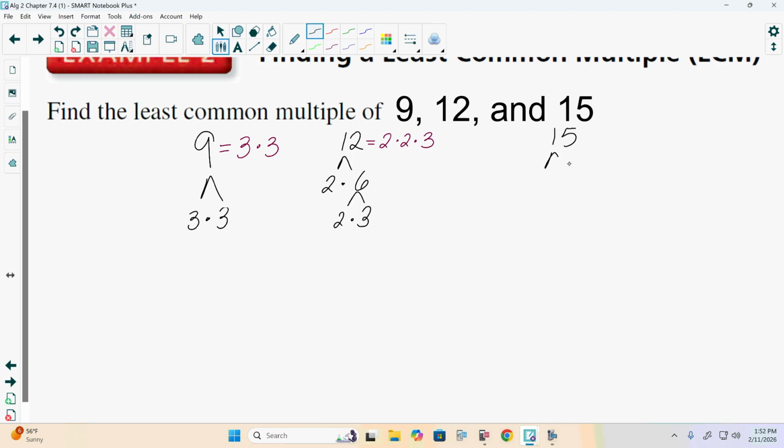And lastly, we have 15. 15 does not divide by 2 nicely, so it's not going to be a factor. The next number after 2 would be 3, and that would be 3 times 5. Now 3 is prime. That is as small as it gets, and incidentally 5 is also prime.